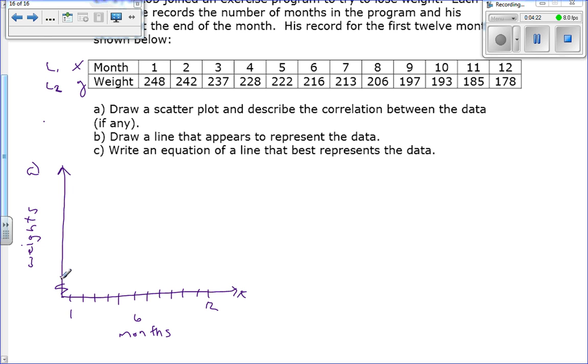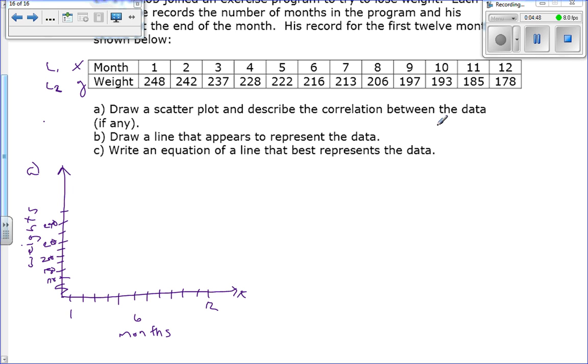And then we'll start with 170, 180, 190, 200, 210, 220, 230, 240, 250. It's not perfect, so it's kind of hard to draw a graph like this.